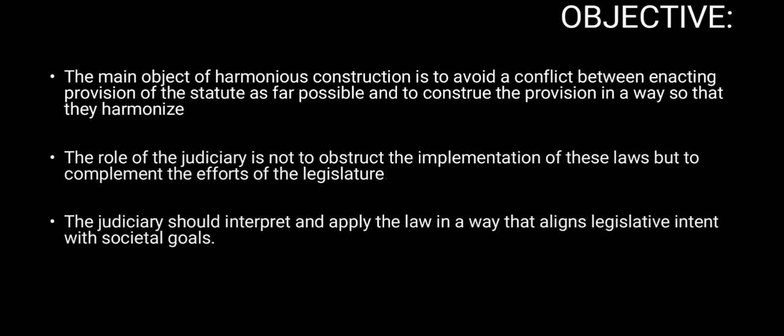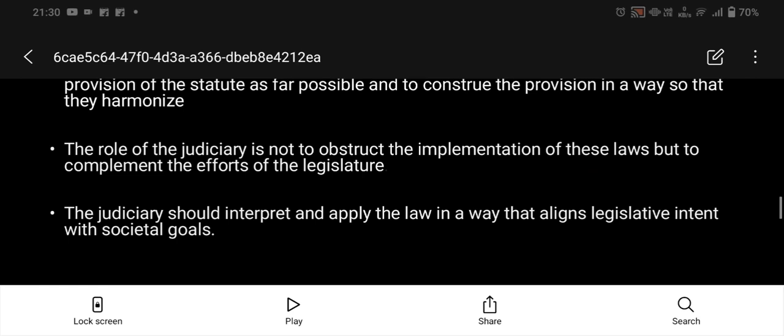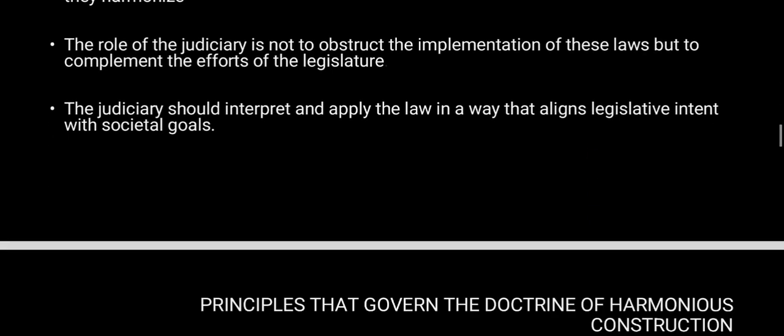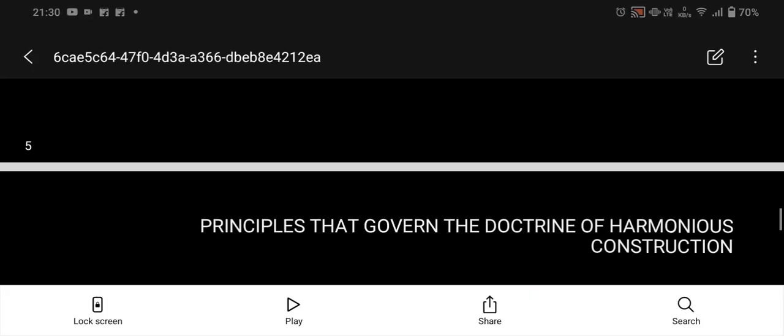The main perspective, by hearing both sides, is giving them justice, so that no one can overrule or overpower one another, and everyone gets a benefit. That is the main objective. The role of the judiciary is to implement these laws and give effect to both the provisions.